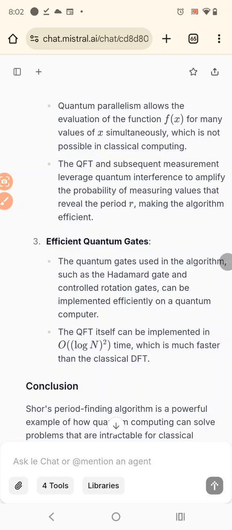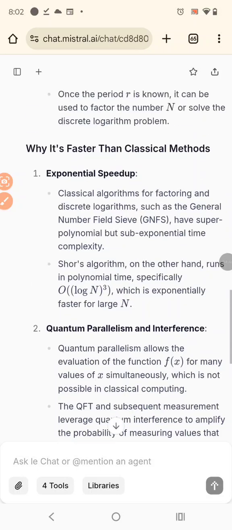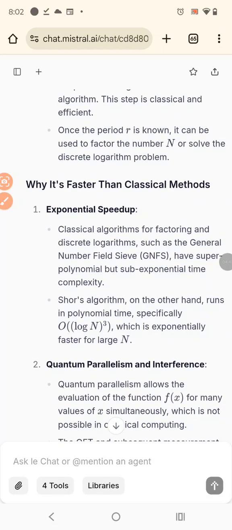And of course, quantum gates such as the Hadamard gate and controlled rotation gates can be implemented efficiently on a quantum computer. The QFT itself can be implemented in O(log² n) time. So the key computation and the key saving here is O(log³ n), Shor's algorithm.